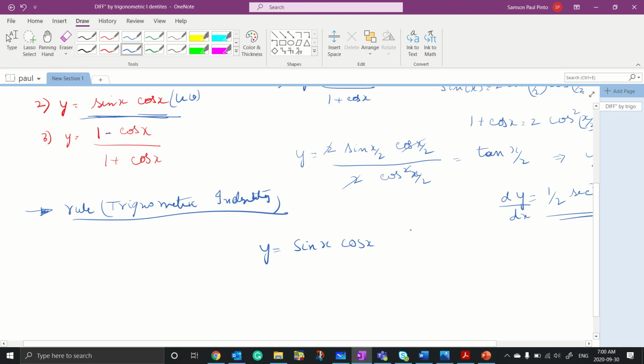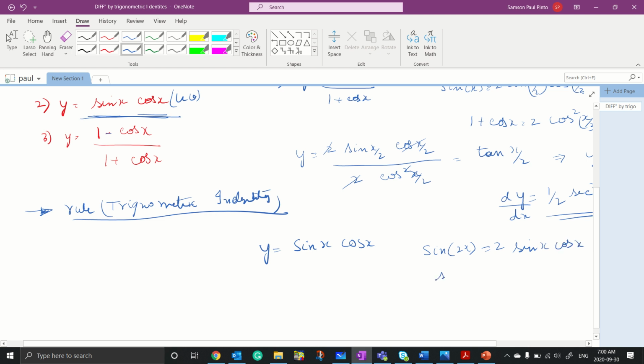If you have a good hold on trigonometric identities, you will remember that sine of 2x is nothing but 2 sine x cos x.